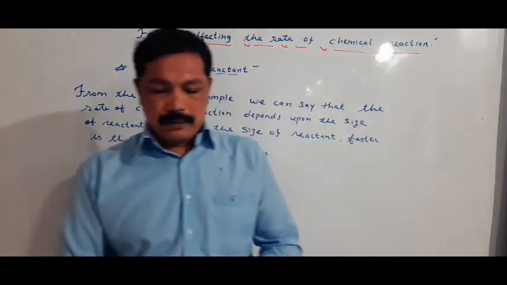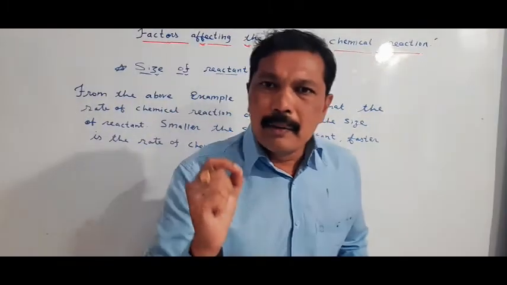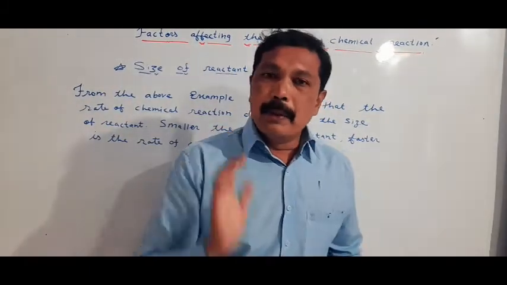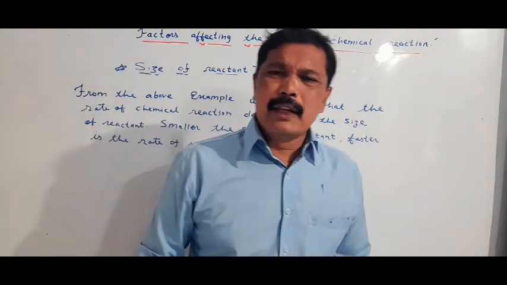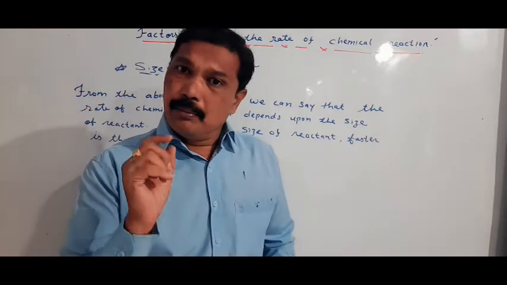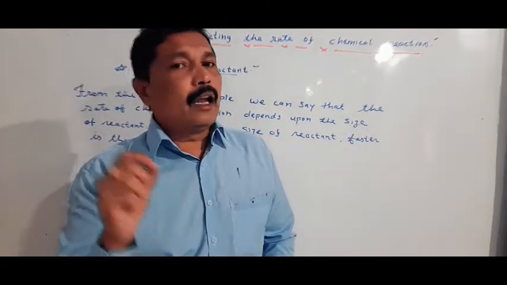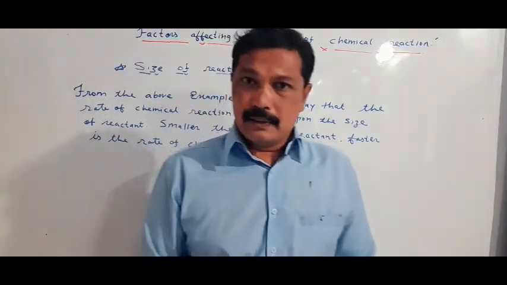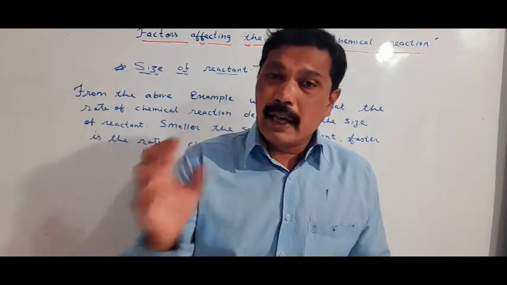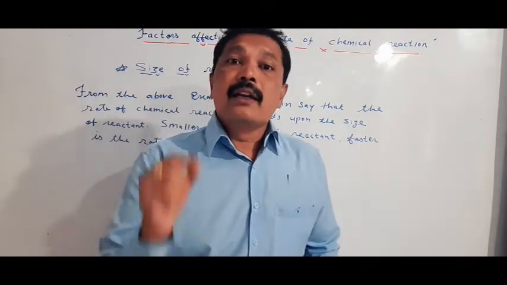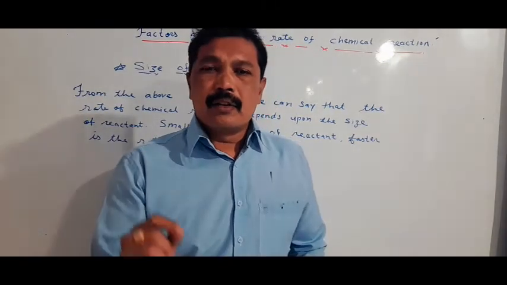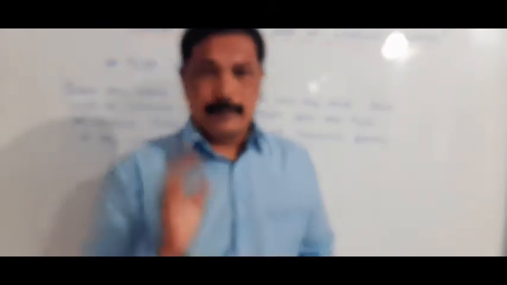My dear student, the rate of chemical reaction also depends upon the size of a reactant. If we consider chalk (marble) tile pieces and allow them to react with dilute hydrochloric acid, we get carbon dioxide effervescence at a slow rate.